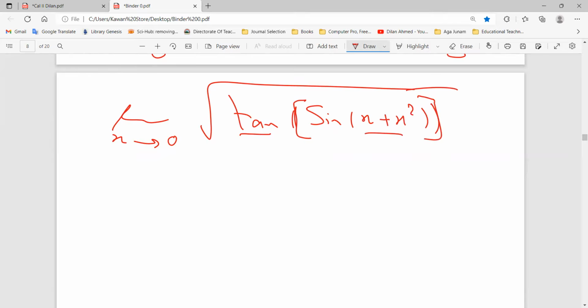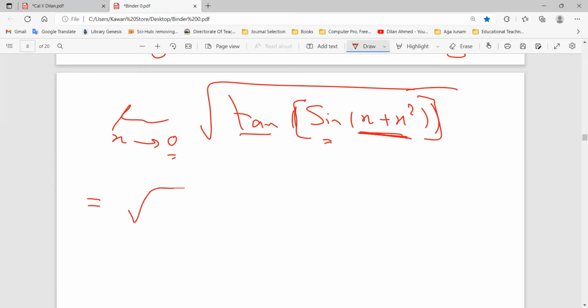So how did we deal with that one in calculus 1? We say because tan is a continuous function at 0, and sine again is a continuous function at 0. Second, x plus x is a polynomial, which is continuous everywhere. Continuous. So we can deal with that like that.